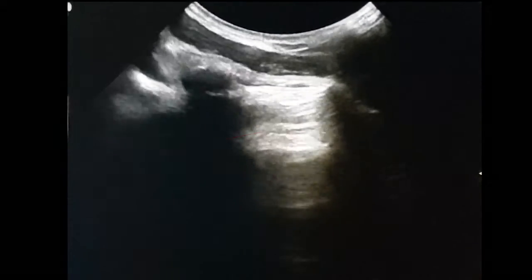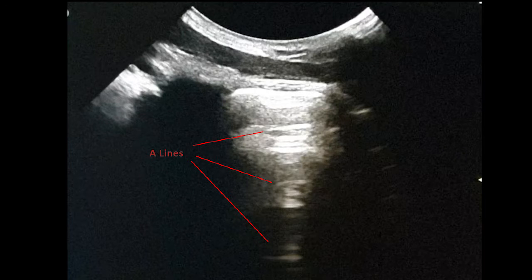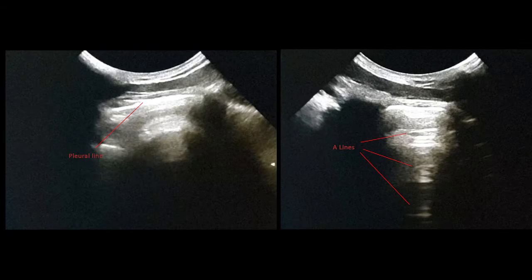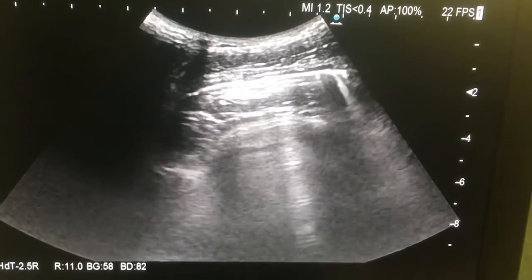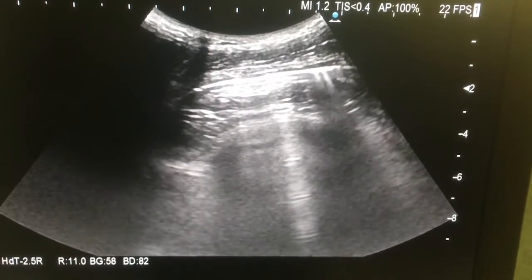These are called A lines and testify that the corresponding area of the lung parenchyma is filled with air. A normal EOS pattern of the lung, also called A pattern, is defined by the presence of lung sliding and A lines. The second artifact that must be investigated is called B line.